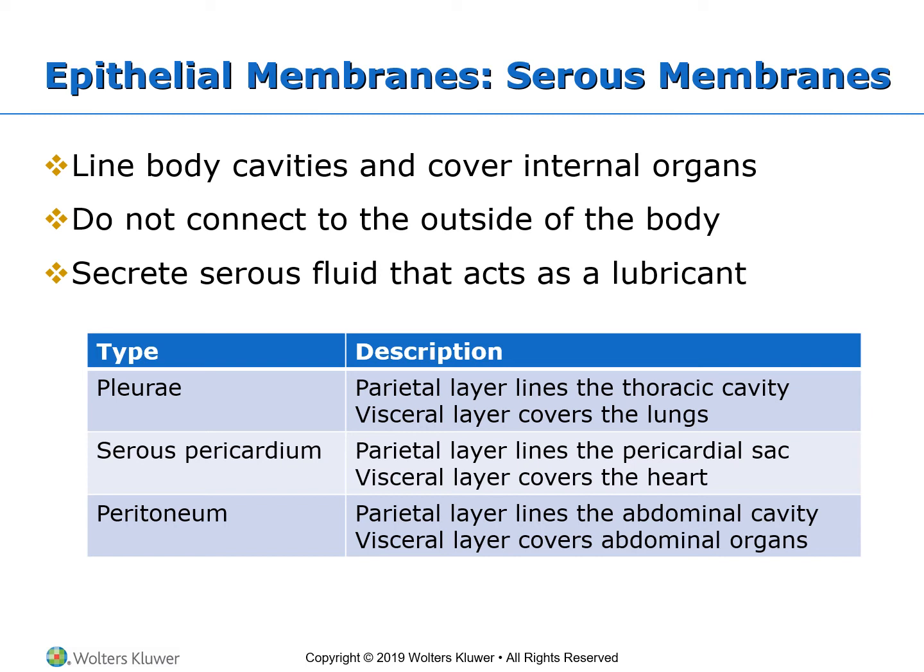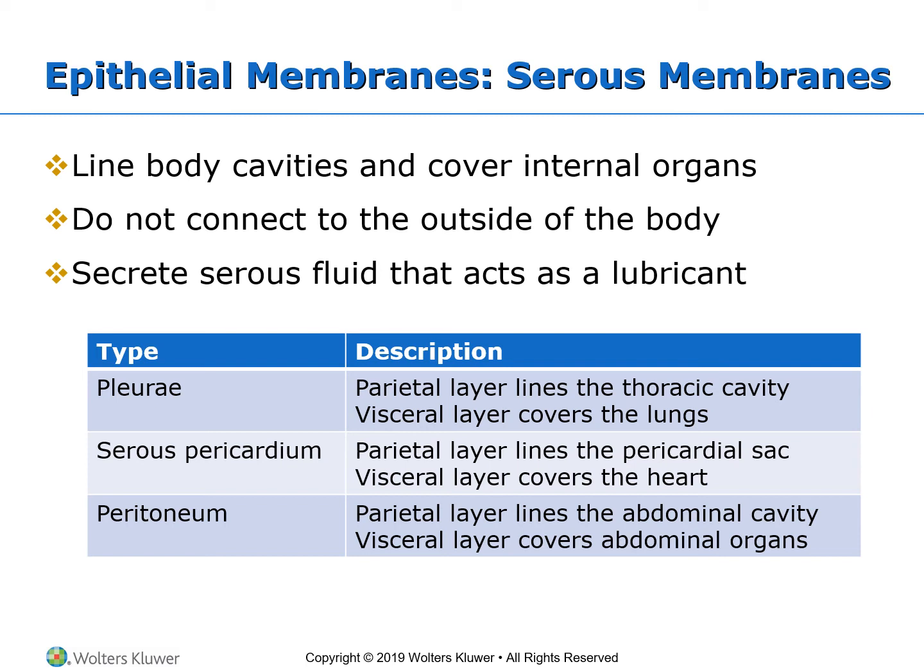They usually will secrete a very thin and watery lubricant layer, a little layer of fluid that is known as serous fluid, that will allow the organs that are usually in movement, like heart or lungs, that are in continuous movement, they expand and contract, to move with minimum friction. Now, this thin epithelium of serous membranes will be called mesothelium and is usually overlying areolar tissue. And the membrane itself is called the serosa.